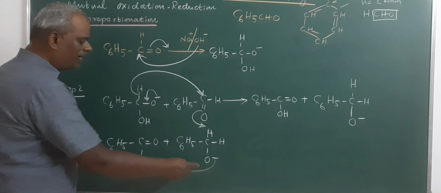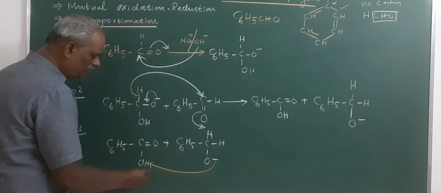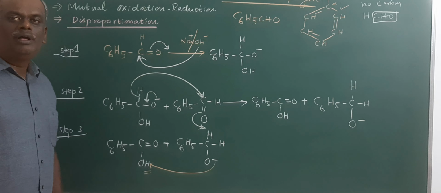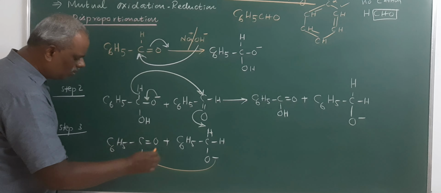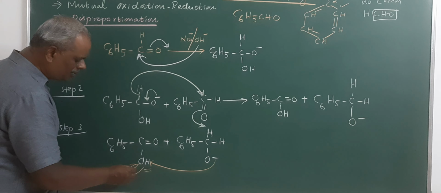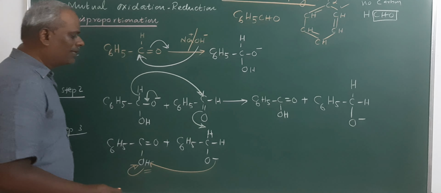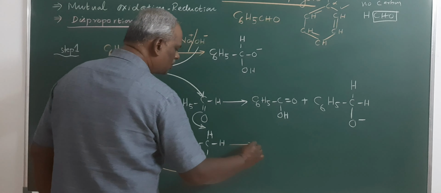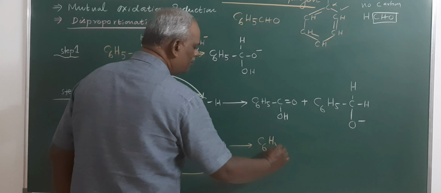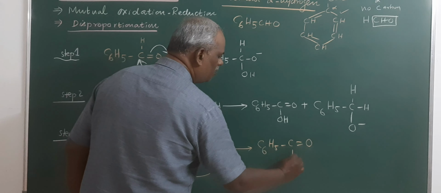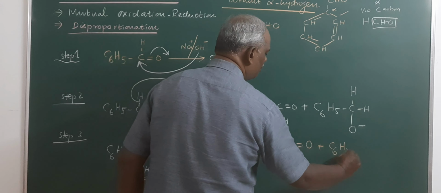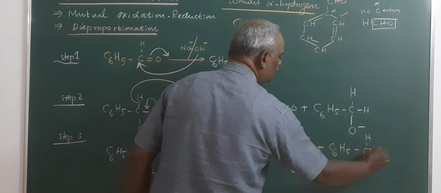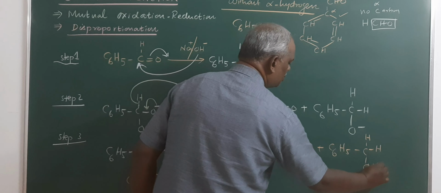So this O minus is getting protonated with the help of this replaceable hydrogen, and the hydrogen is leaving as H plus. The bonded electrons are moving towards the oxygen, and hence oxygen carries minus. So see the product side: C6H5, double bond O, it becomes O minus, plus C6H5, here it is CHH, OH.